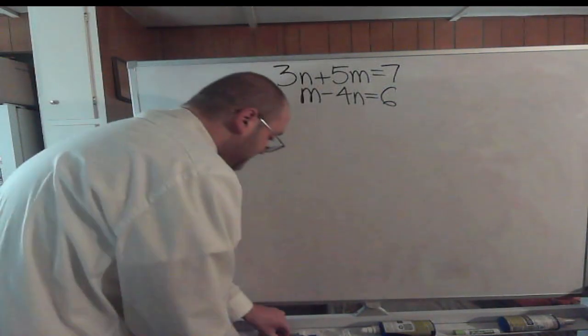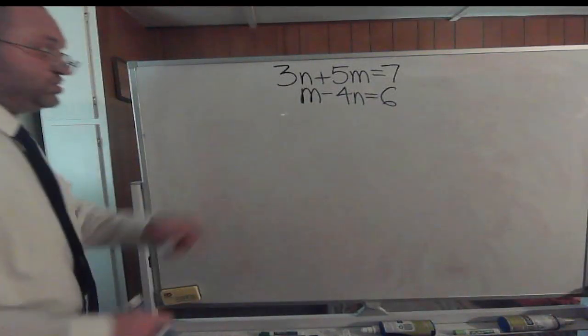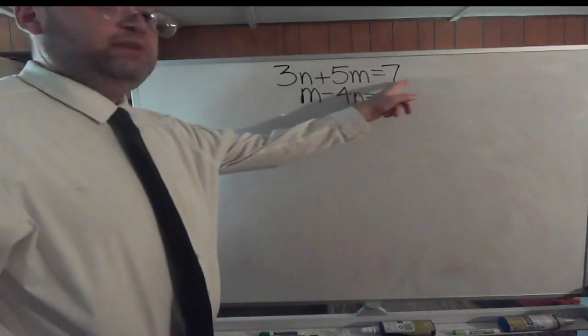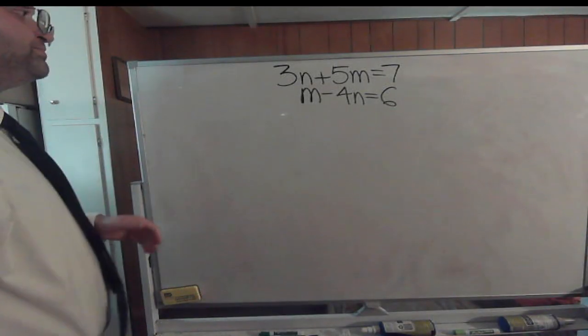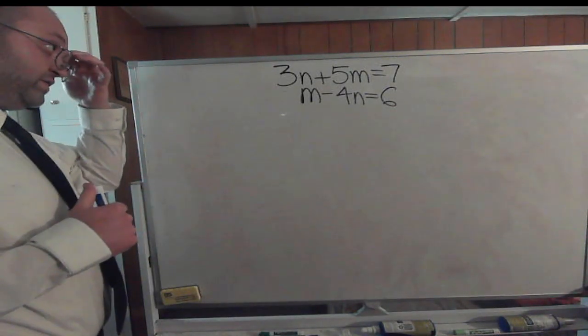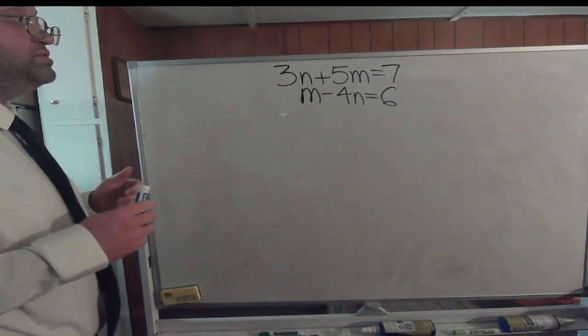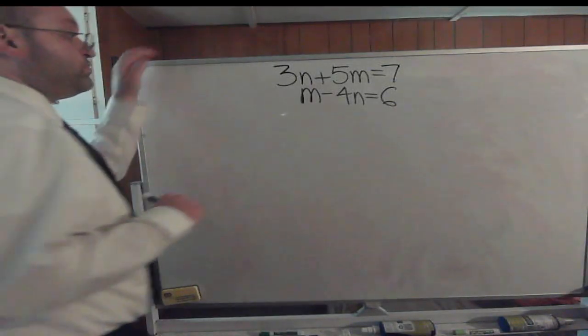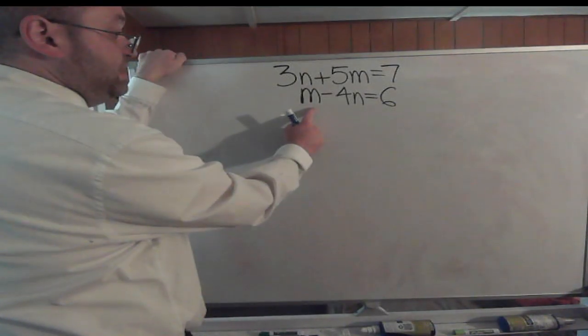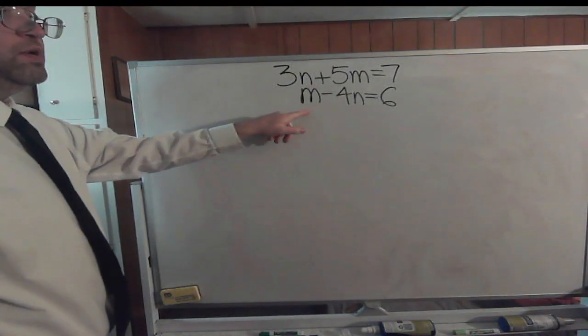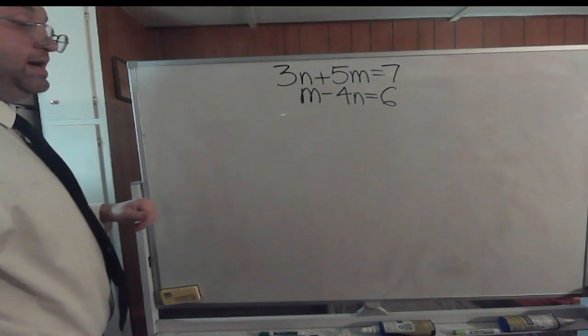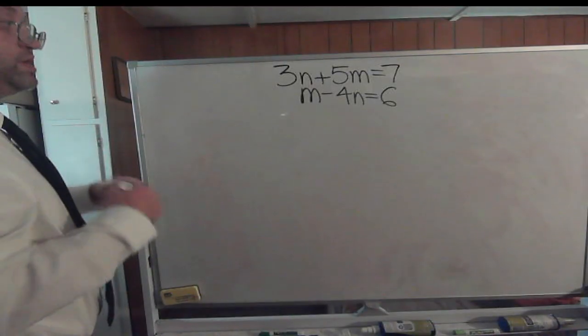So in this particular system of equations, we have 3n plus 5m equals 7, m minus 4n equals 6. And at first we don't see an obvious substitution, but we do see an m with a coefficient of 1, so it looks like we could target that one and make that one our substitution equation.